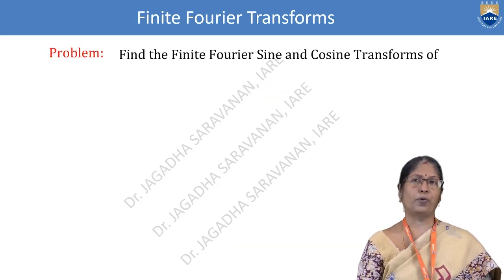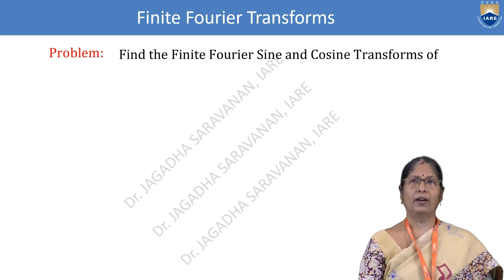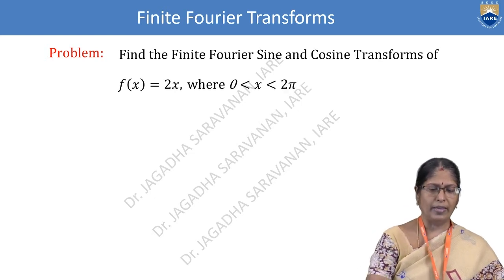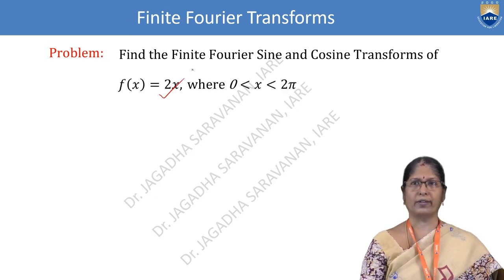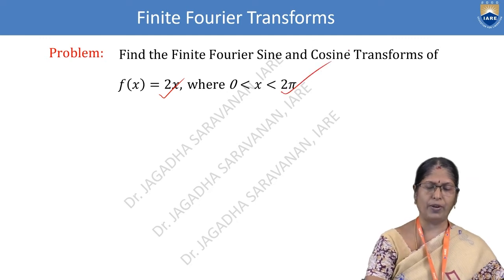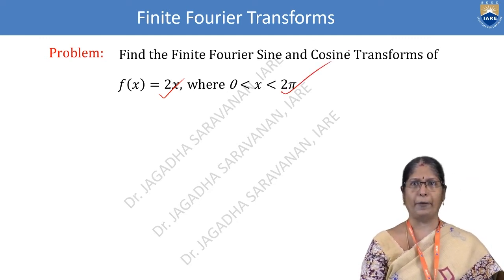So the next problem we will concentrate on. Find the finite Fourier sine and cosine transforms of f of x equal to 2x, where x lies between 0 and 2 pi.